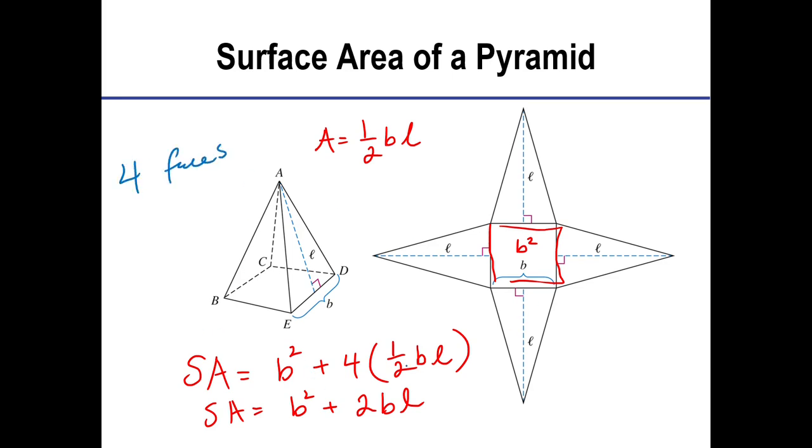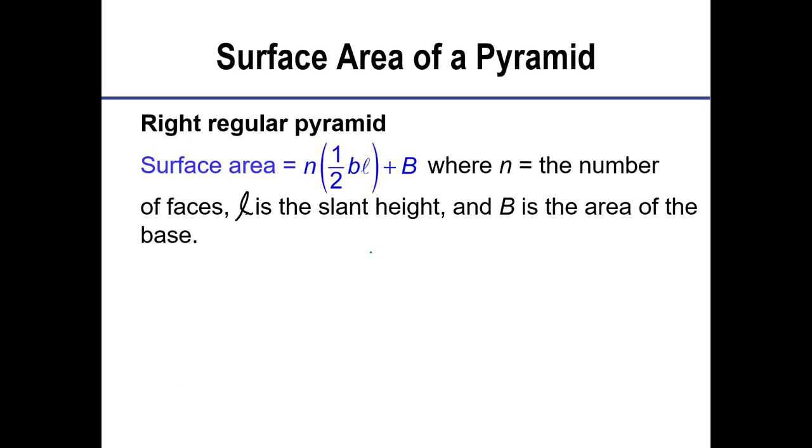Now we're going to extend this formula to something with multiple faces. So let's consider the surface area of a pyramid for any type of pyramid. Let's consider a right rectangular pyramid. The surface area is equal to n times 1/2 bL plus B, where n is the number of faces, L is the slant height, and B is the area of the base.